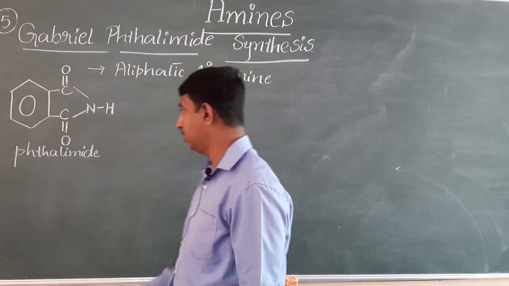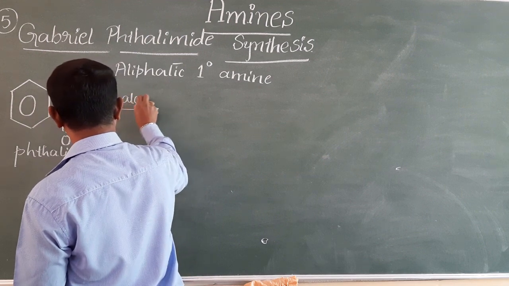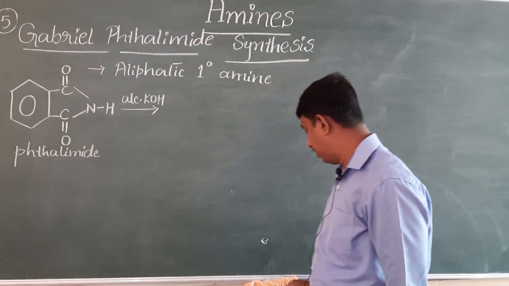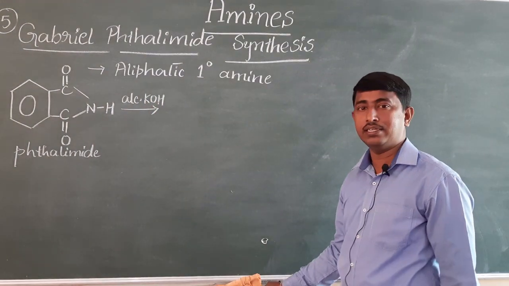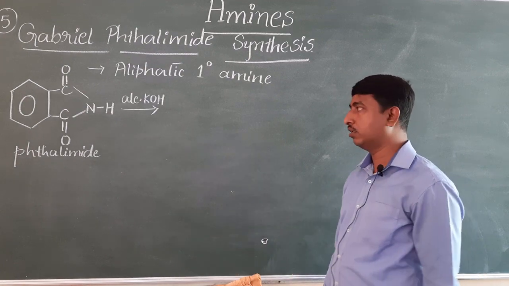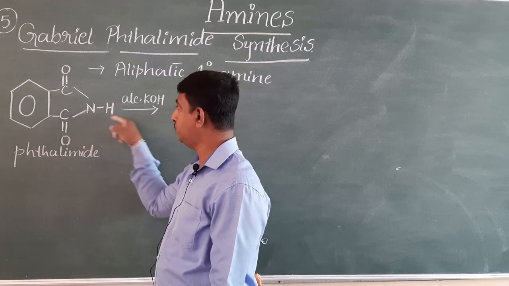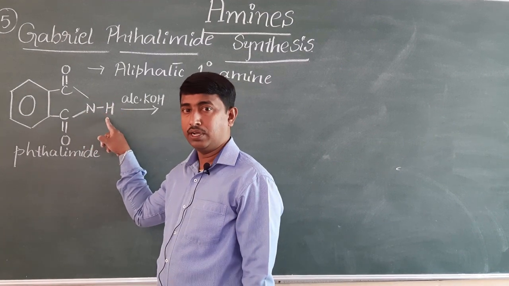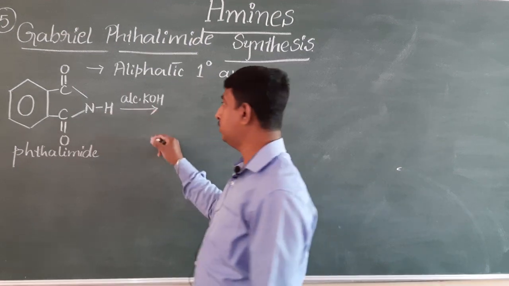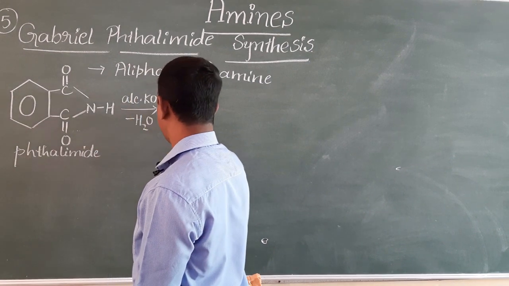This phthalimide is treated with alcoholic solution of potassium hydroxide, which is a base. The hydrogen present on nitrogen is acidic, so it can be removed in the form of H plus. This H plus combines with OH minus forming water. This is the acid, this is the base.